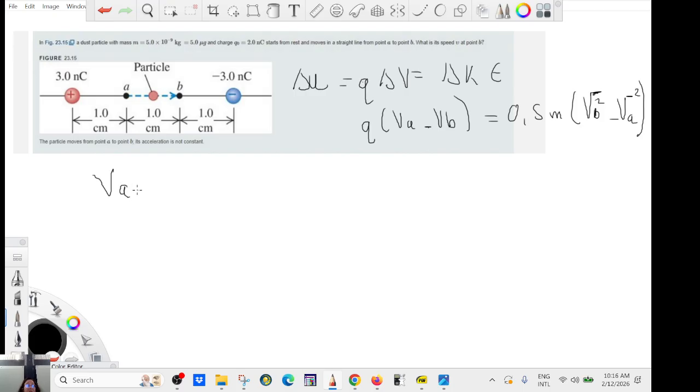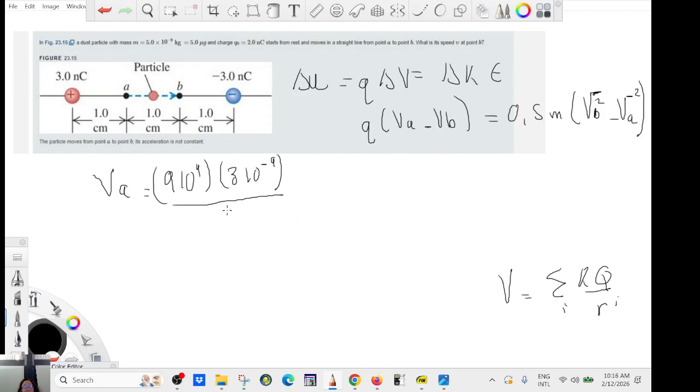So first you find the voltage at A. So just apply it, right? The voltage at the point P is the sum of all the voltages. So at point A, from this one, you're going to have 9 times 10 to the 9, and then this is 3 times 10 to the negative 9, and then you have the distance here, 0.1. And this one is negative.